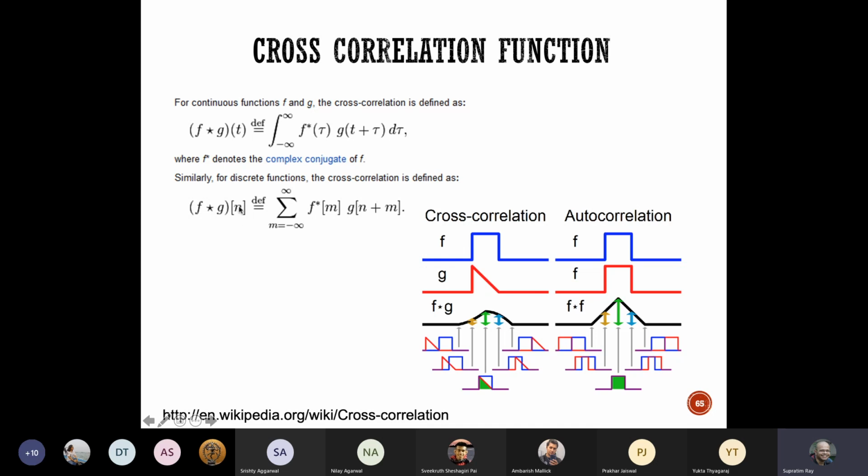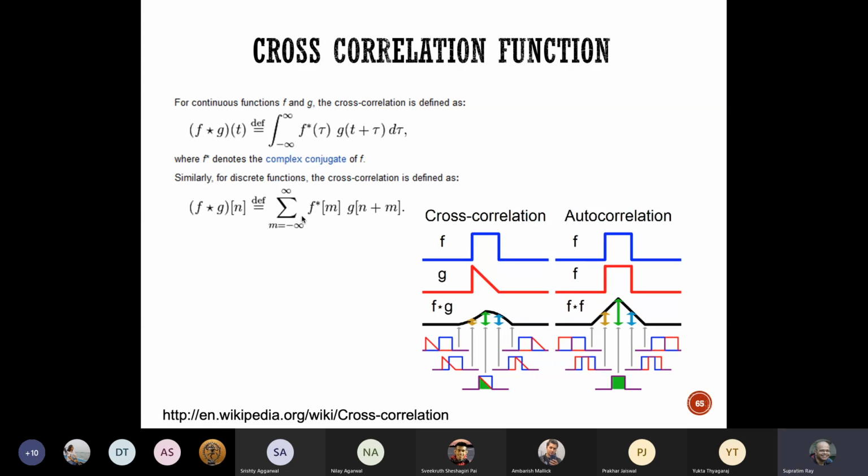So n is 0 here, and this is just f_m multiplied by g_m. Don't worry about the star here. It just means a complex conjugate, but we have real signals, so we don't really worry about this. So at the lag of 0, I'm just taking a point by point product and summing it up.